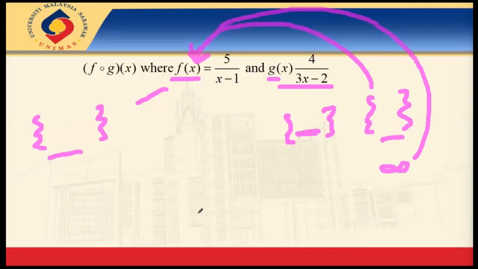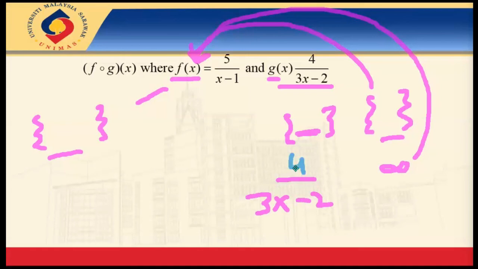So you see here, 4 over 3x minus 2. Let me change to an easy example.